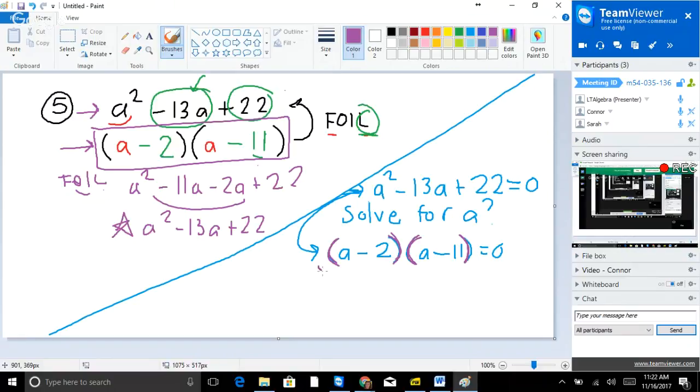Either this something has to equal 0, or this something has to equal 0. When I multiply two things together, one of those two things has to be 0 to get an answer of 0. Okay, so either a minus 2 has to be 0, or a minus 11 has to be 0.